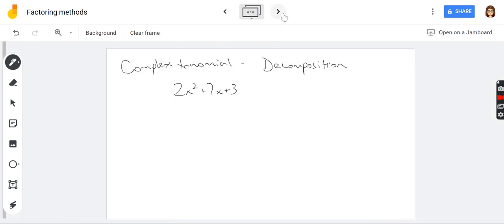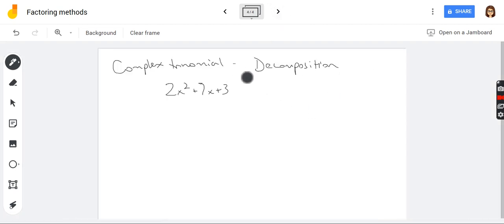Okay, so let's go here. With complex trinomials, so it's again ax squared plus bx plus c, you want to find two numbers that multiply to not c, not that last term, but ac.